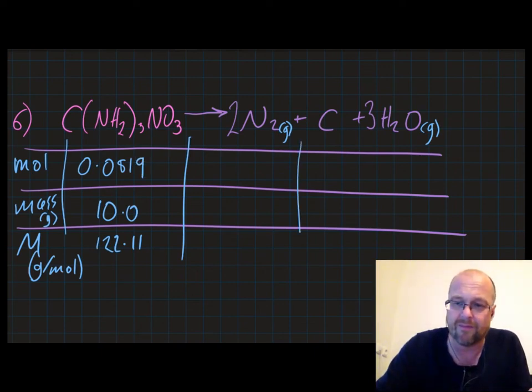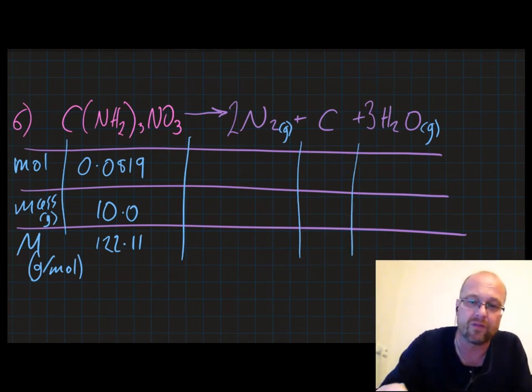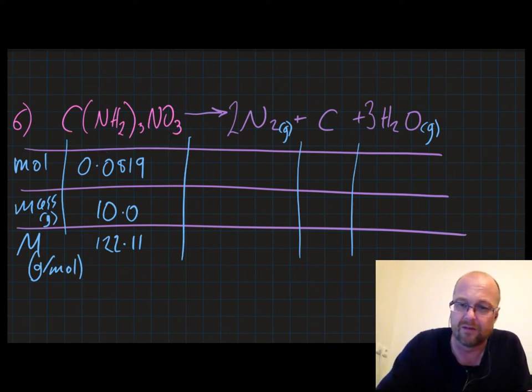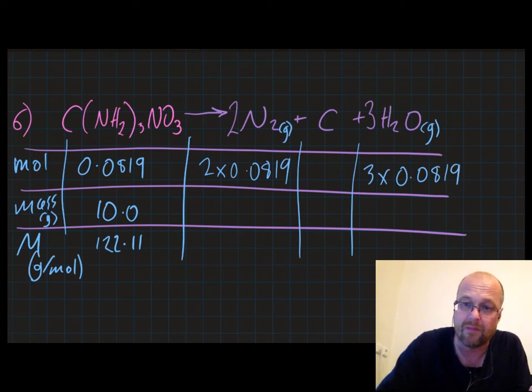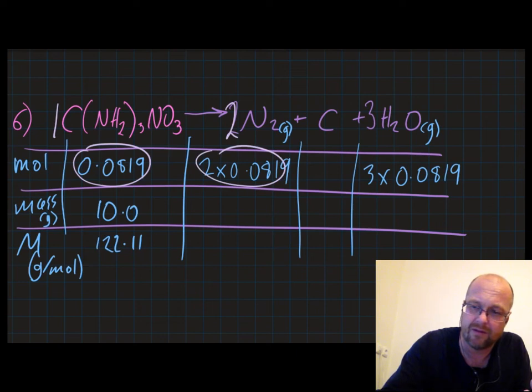Well, what are we going to do with that? That isn't the answer, because now I know how many moles of this I've got. I need to work out how many moles of the gas I've got. So this is going to be twice 0.0819, and this is going to be 3 times 0.0819, because 1 is to that, as 2 is to that, as 3 is to that.